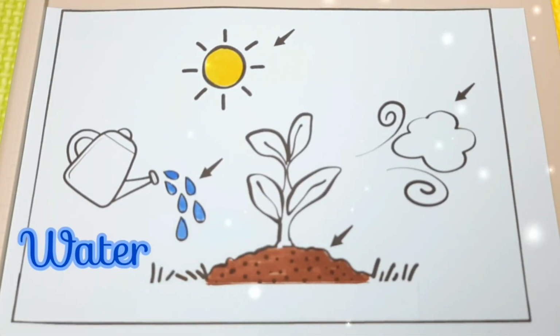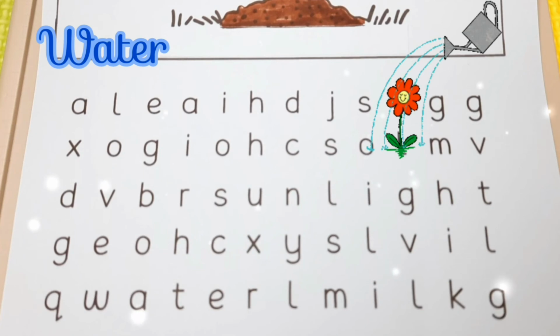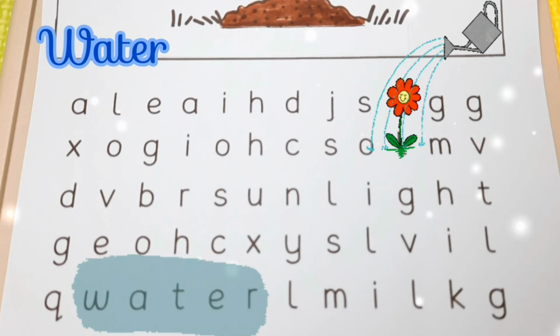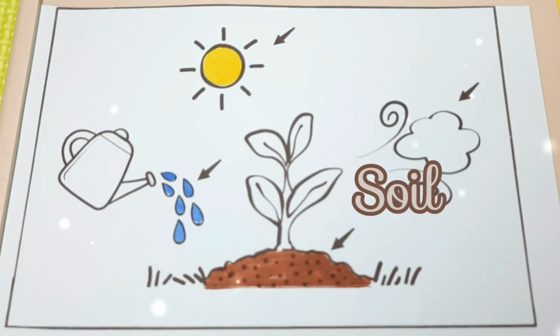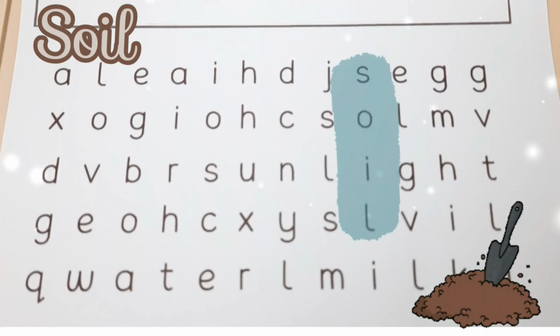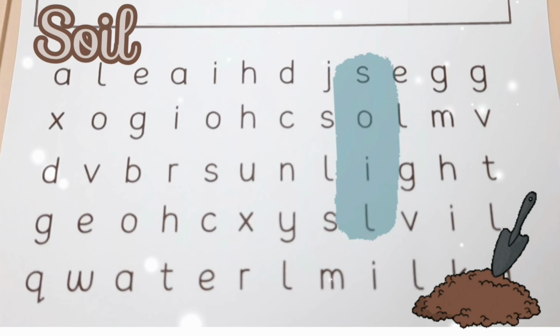Water. Can you find the word water here? Wow, you have. WATER, water. Soil. SOIL, soil. Yes, beautiful. You even have a spade. Do you have a spade with you? That's very beautiful.